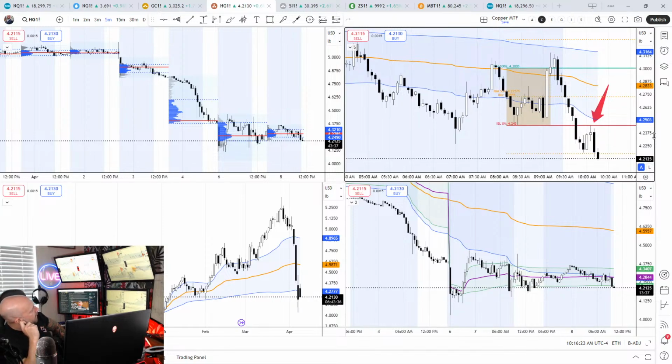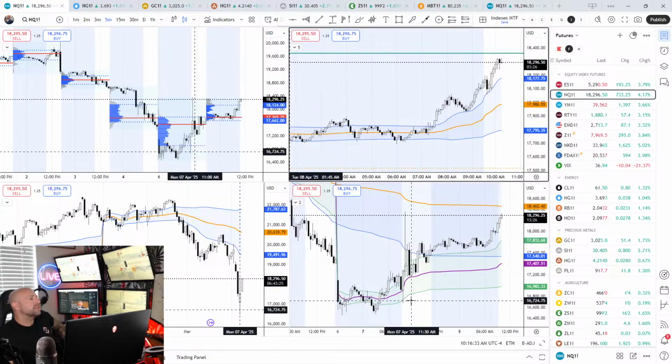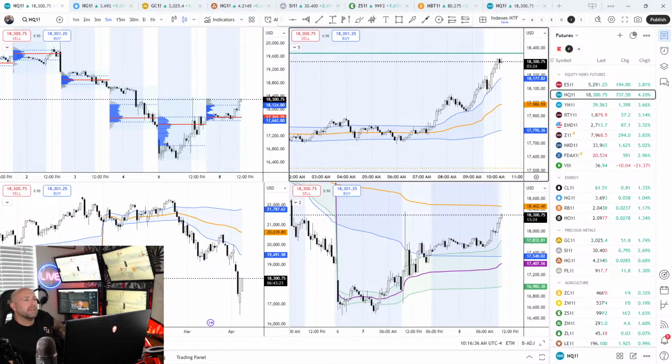And we are building a bit of a distribution up here in the indexes. Could be a little bit of a fade here. It would be a scalp. But it's so strong, you'd have to have tight risk. I wouldn't take it.